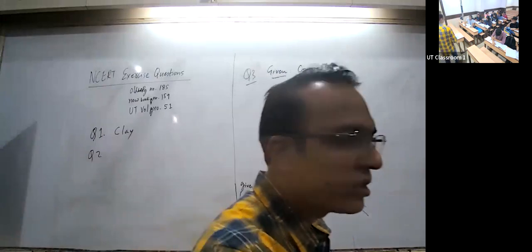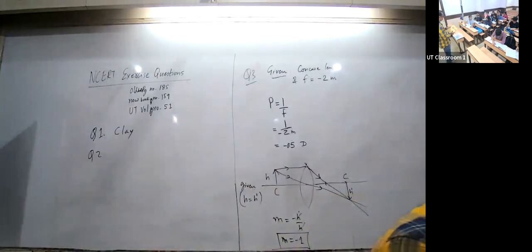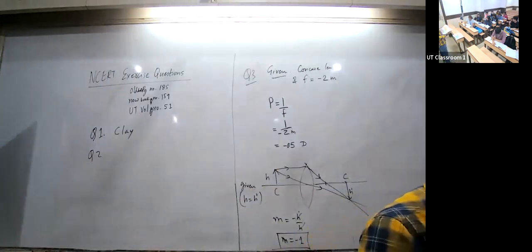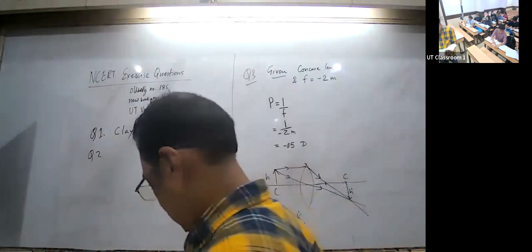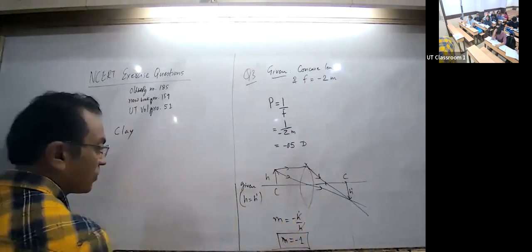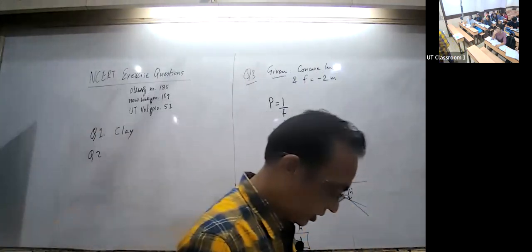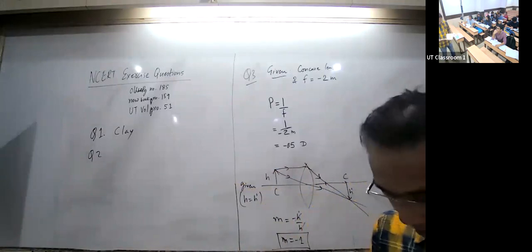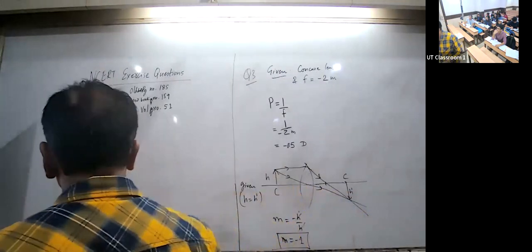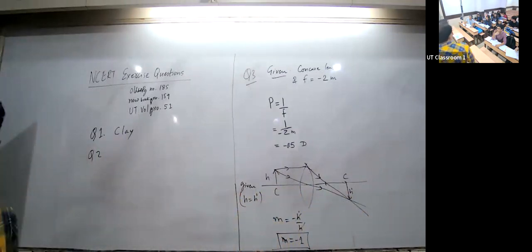Next, second question. You read it. The image from... content. Yes. So in which case, this is first of all concave mirror. Okay? So concave mirror.